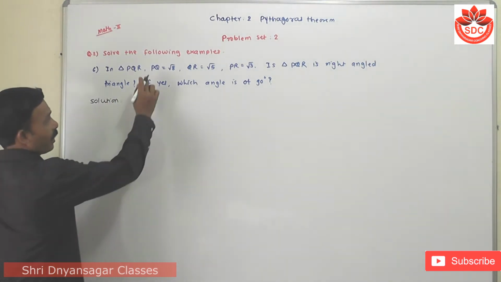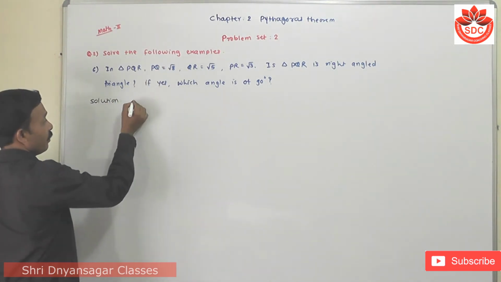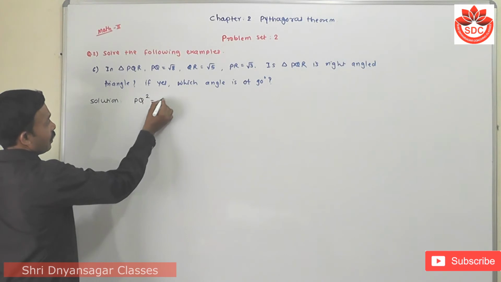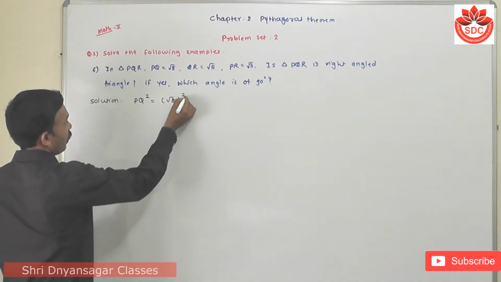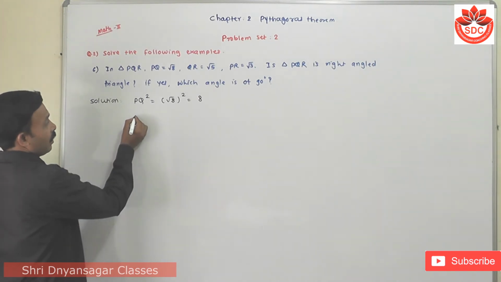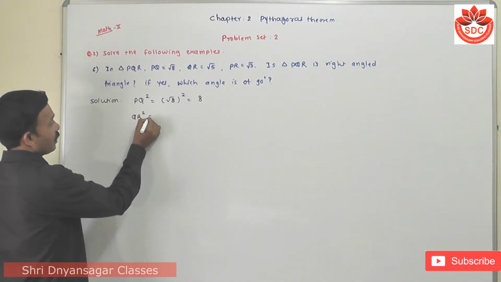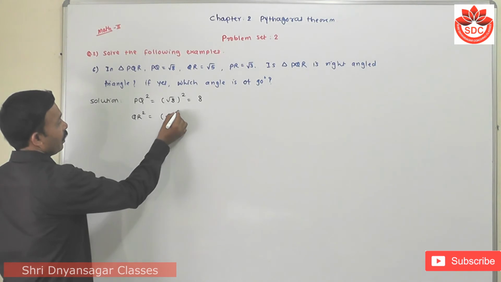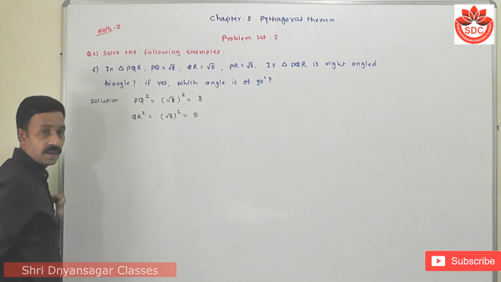First I have to take the squares. PQ square is equal to root 8 square, which is how much? 8. Then QR square is root 5 square, which is 5.